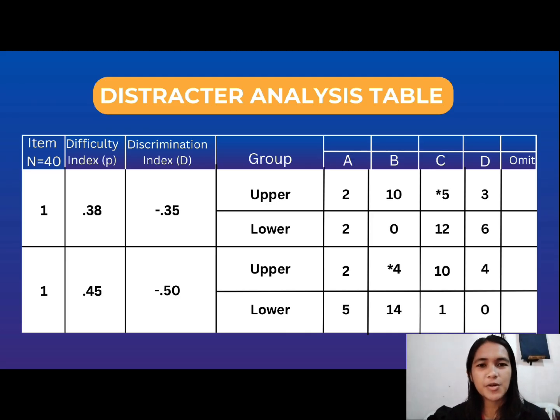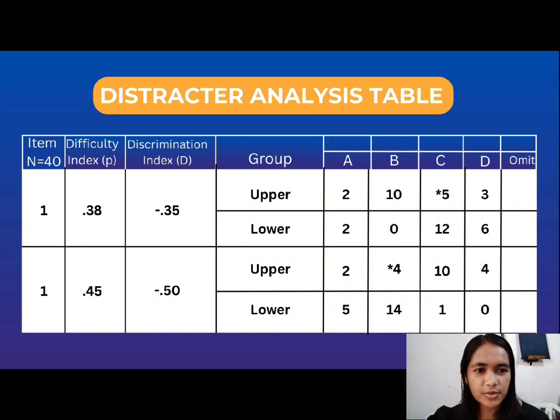Number two, what does the respective D indicate? The D here indicates how well an item differentiates between the high and the low performing students.